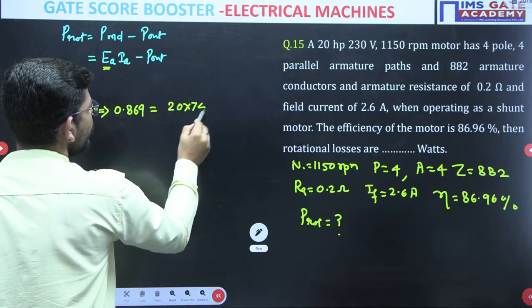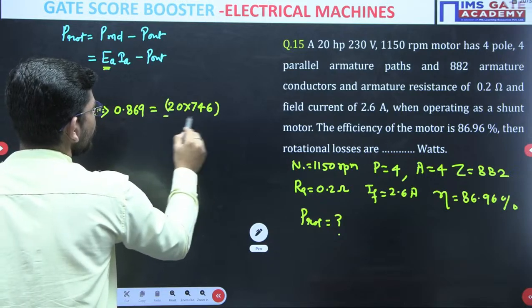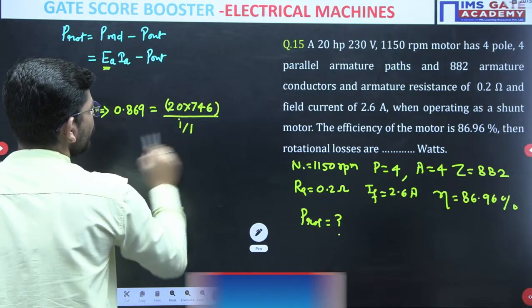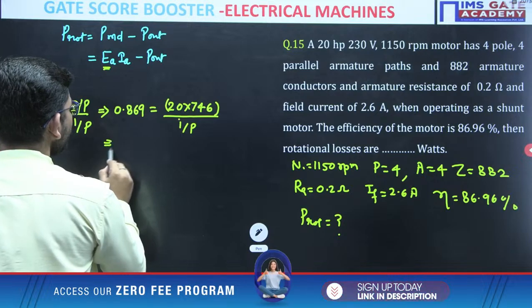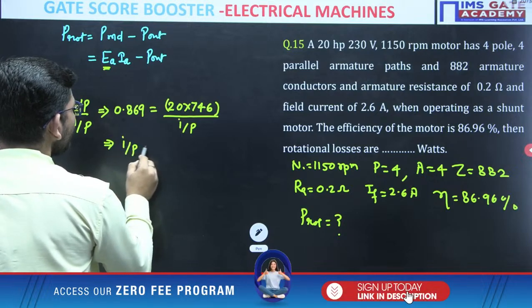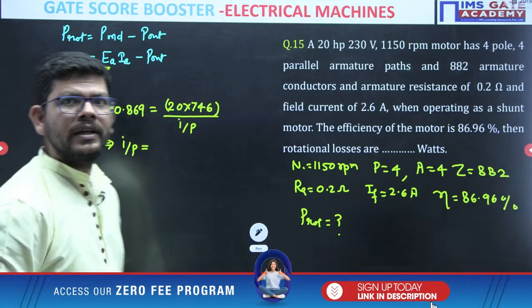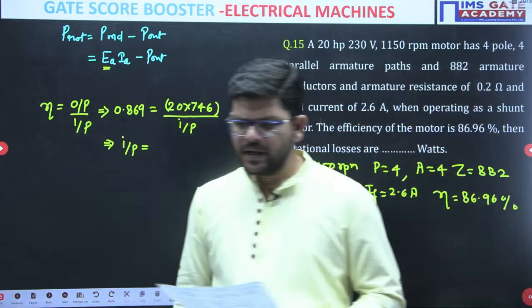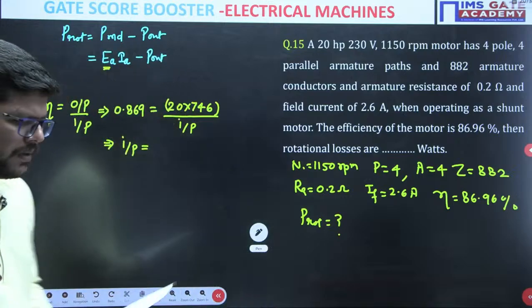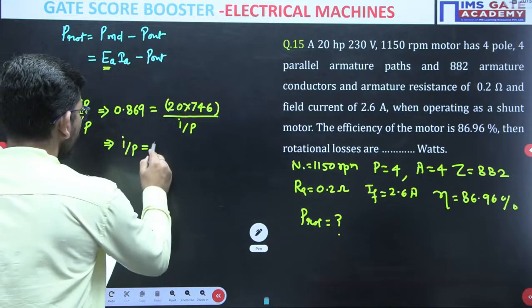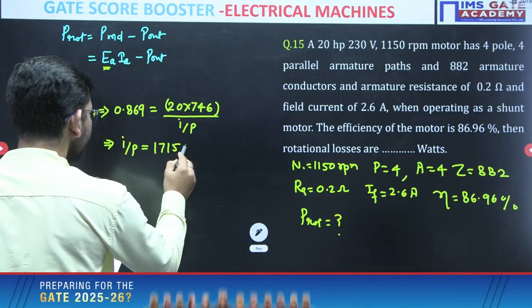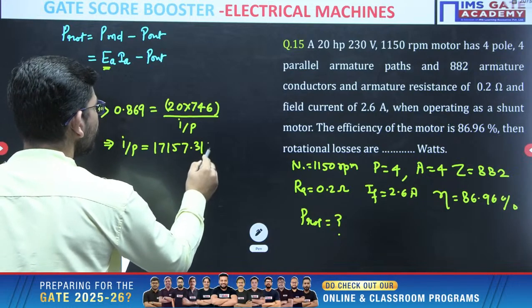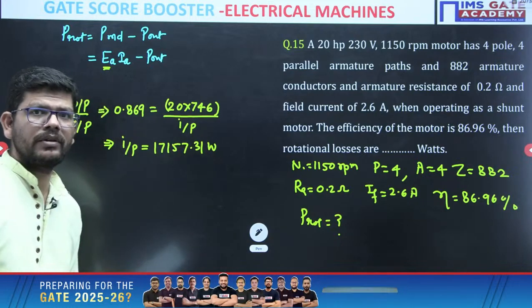So 20 into 746 divided by the input. From this exercise you will get your input. The input that I am getting is 17,157.31 watt. Are you getting this input, right?